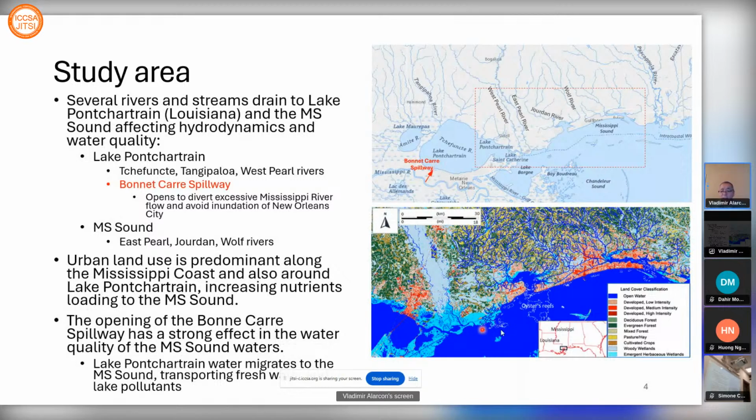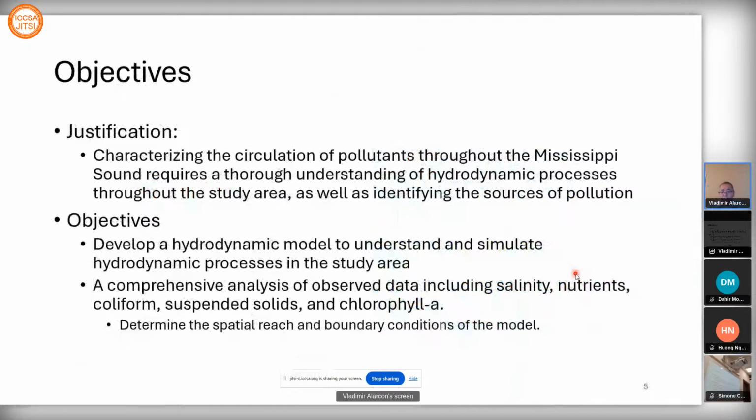As you can see in this figure, urban areas are predominant throughout the Mississippi coast and all of the Lake Pontchartrain surroundings. So urban pollution is also a problem. Therefore, it is necessary to characterize the circulation of pollutants throughout the Mississippi Sound, and for that, we require first a hydrodynamic model.